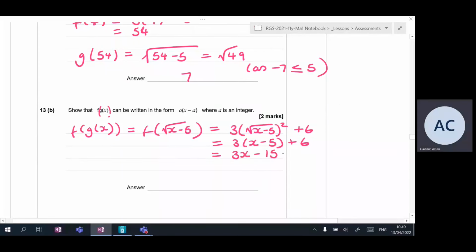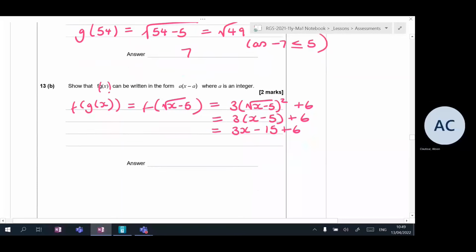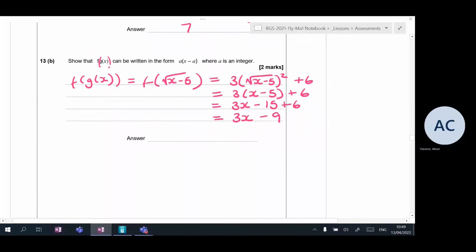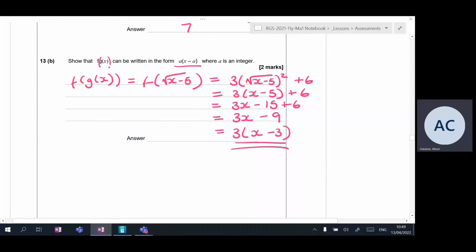And then we can multiply the brackets. Collect like terms. Minus 15 plus 6 is minus 9. And then factorise at the end. Okay, so put it in this form that is factorised as given in the question.